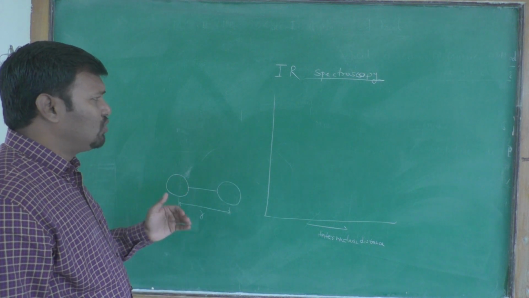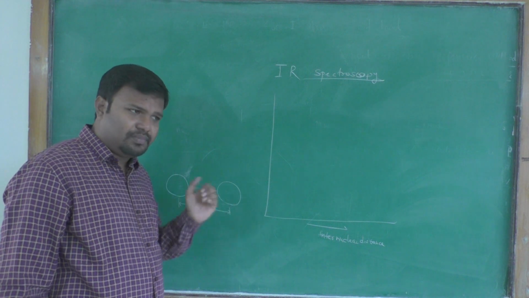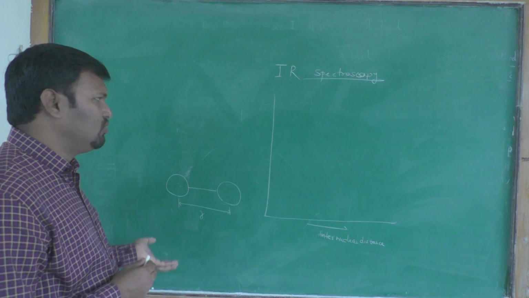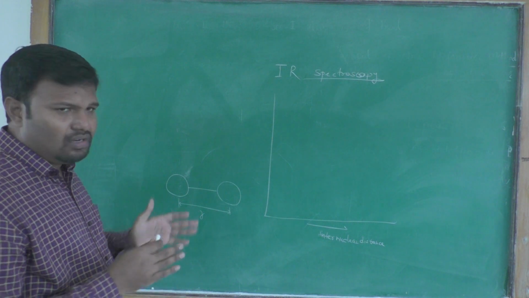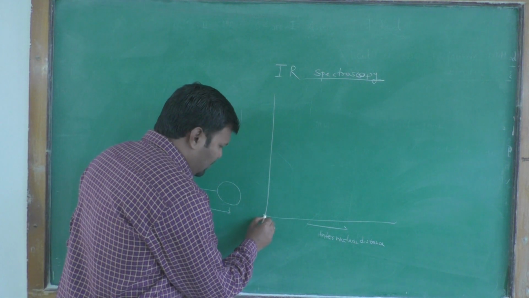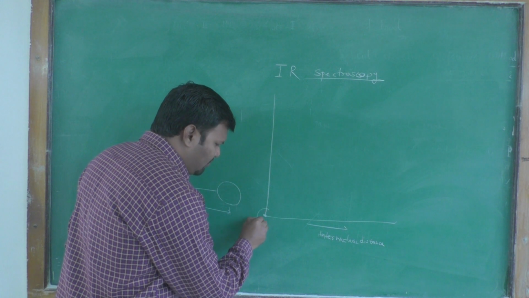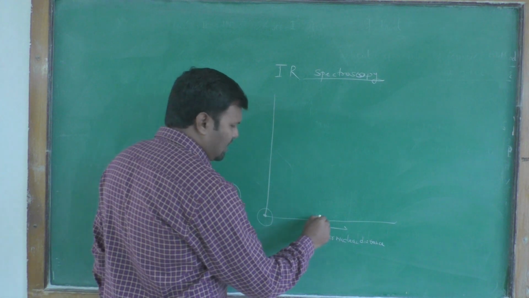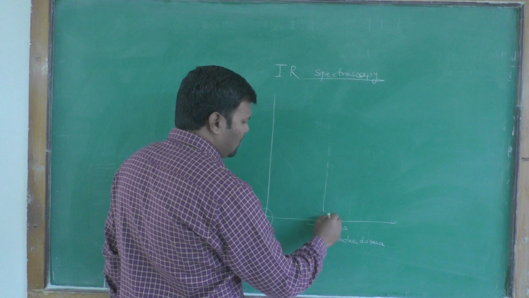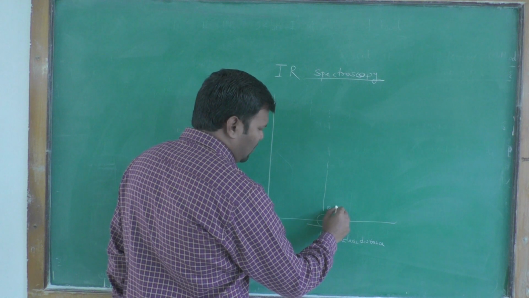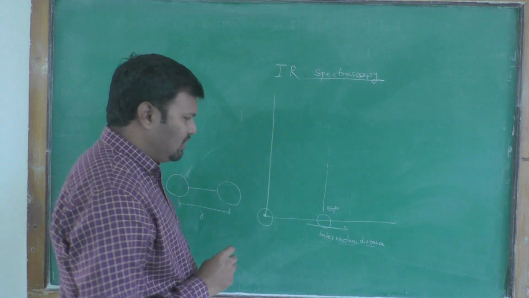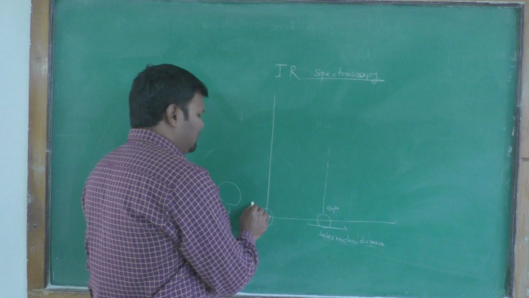In IR spectroscopy, due to absorption of energy, the dipole moment changes and vibration takes place, and due to these vibrations the internuclear distance increases. This is called the equilibrium internuclear distance.